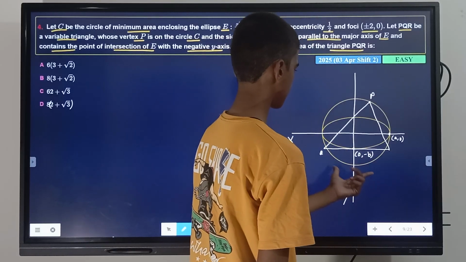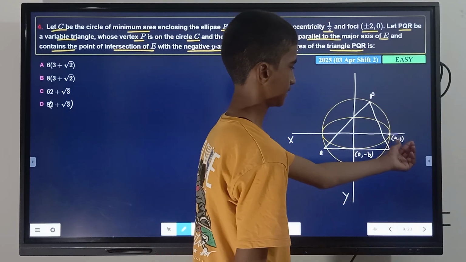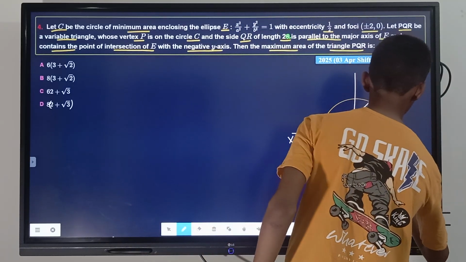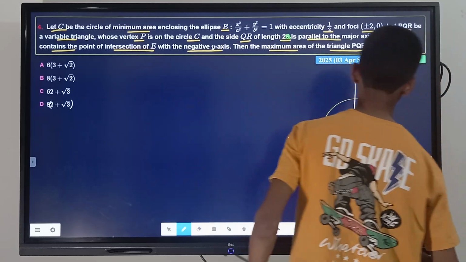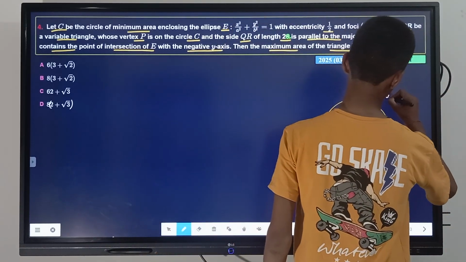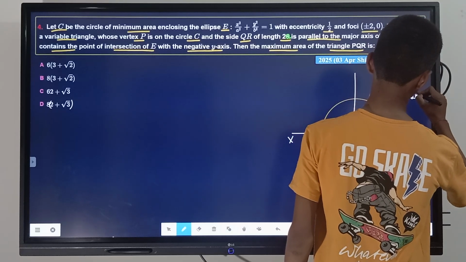Now, the center of the circle is the same as the ellipse, (0, 0), and it passes through (a, 0). So we can say the equation of the circle is x square plus y square is equal to a square. From there we can write P as (a cos theta, a sin theta).